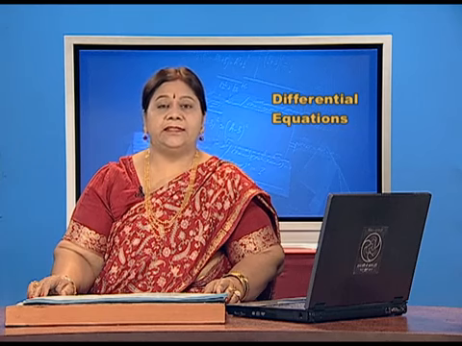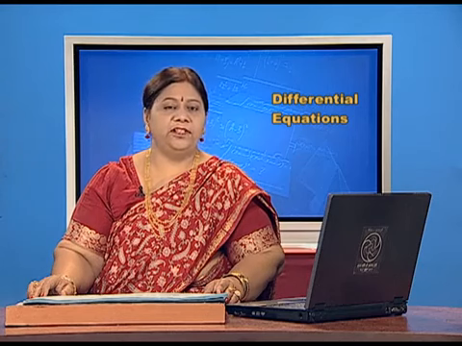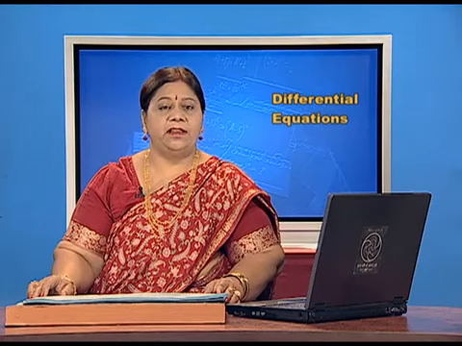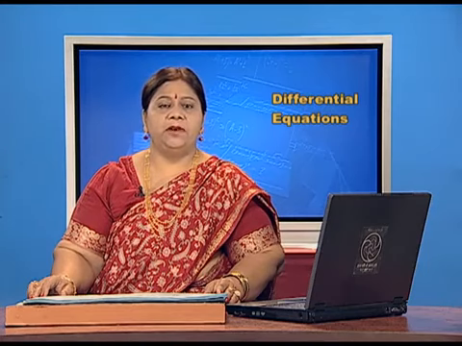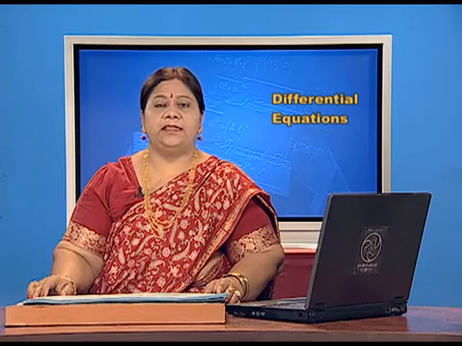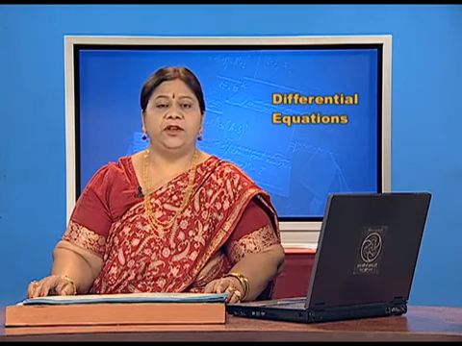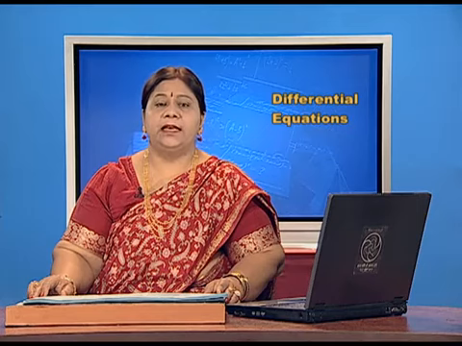We are now interested in finding a differential equation that is satisfied by each member of the family. Further, the equation must be free from m and c because m and c are different for different members of the family. This is obtained by differentiating equation 1 with respect to x successively.